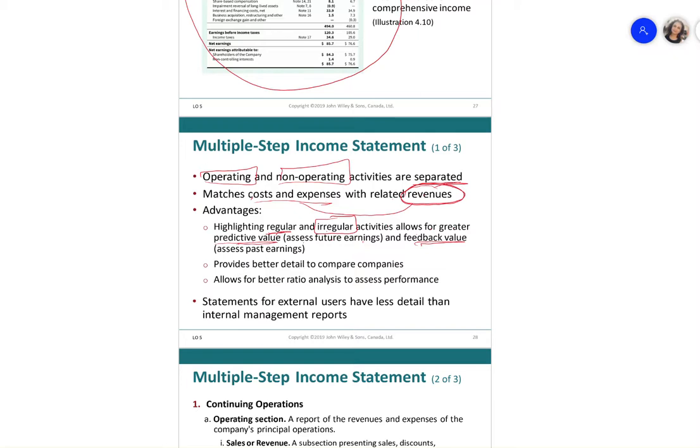It provides better detail to compare companies, so we can compare each expense with another company or other detailed information. It allows for better ratio analysis to assess performance. If somebody's performance is dependent on these ratios, and you have a multi-step income statement, it provides better ratio analysis.